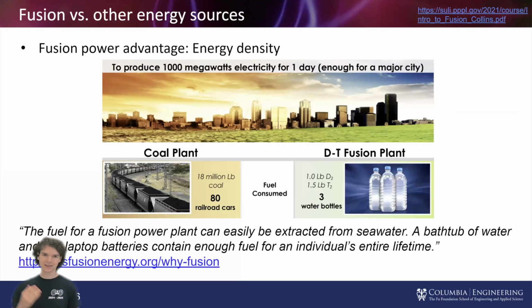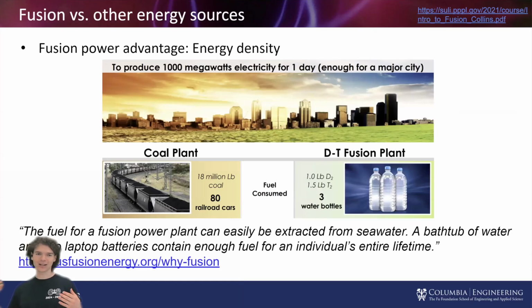This is, I think, the biggest advantage of fusion power over other energy sources, and that's that fusion is just incredibly energy dense. A great analogy is that to produce 1,000 megawatts of electricity for one day, which is enough for a major city, you need 18 million pounds of coal. That's like 80 railroad cars filled with that.